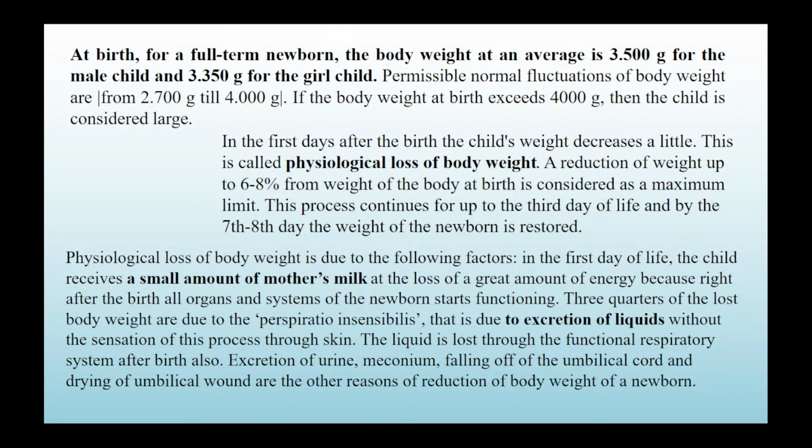It's average. Permissible normal fluctuation of body weight is from 2,600 grams to 4,000 grams. If the body weight at birth exceeds 4,000 grams, then the child is considered large.